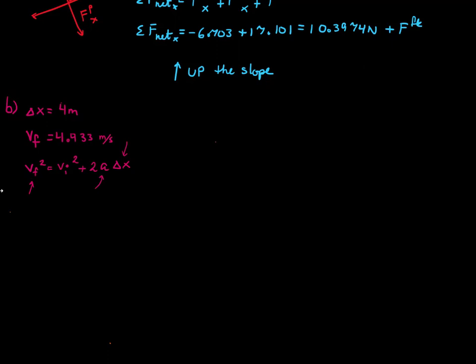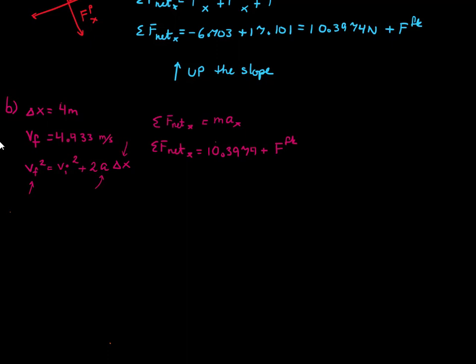We can determine acceleration from net force, because the net force in the x direction equals the mass of the block times its acceleration in the x direction, which is what we care about. We previously determined that the net force in the x direction equals 10.3974 newtons plus the force of kinetic friction. But we don't know the force of kinetic friction, so we have to figure that out.